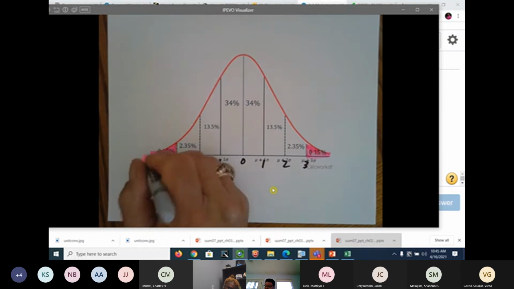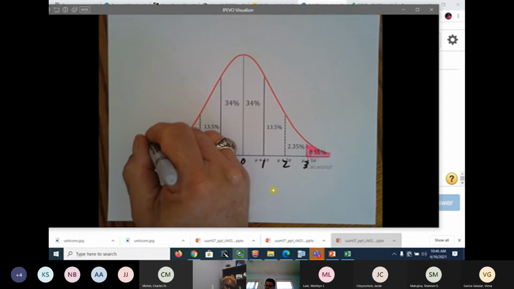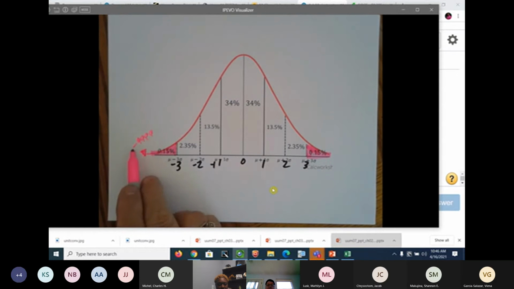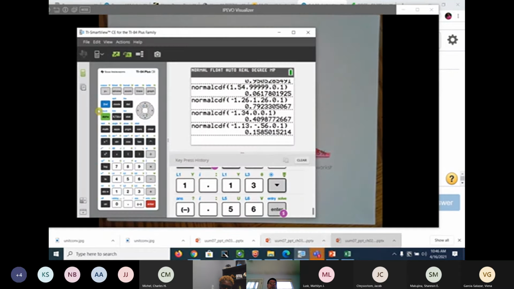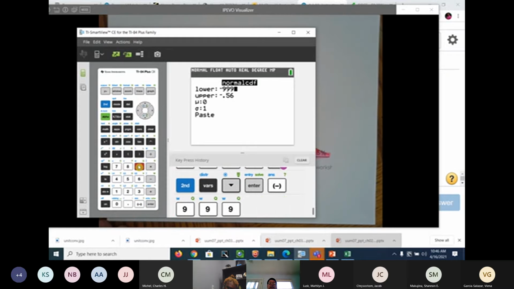So we know this is -9999, right? So this is going to be -9999 to -3. So take your handy dandy calculator and go second bars, normal CDF, -9999 to negative 3.